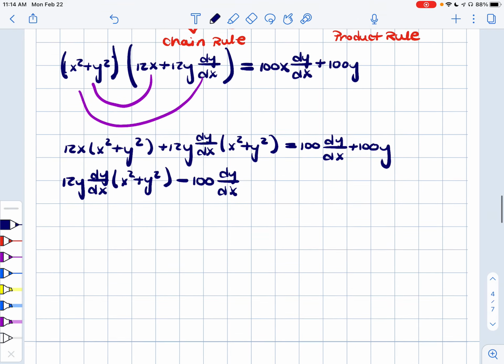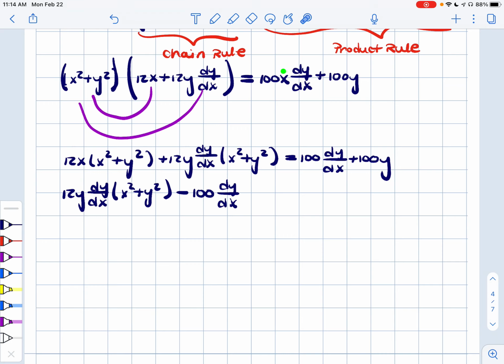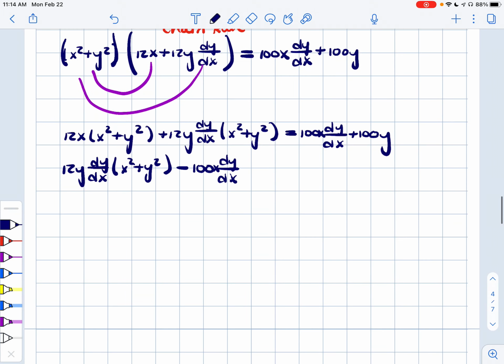Then we have the 100y on the right, and I'm going to subtract over the 12x times the quantity x squared plus y squared.